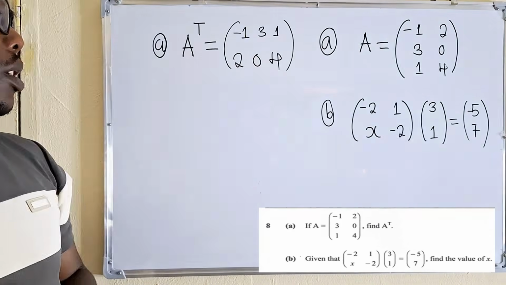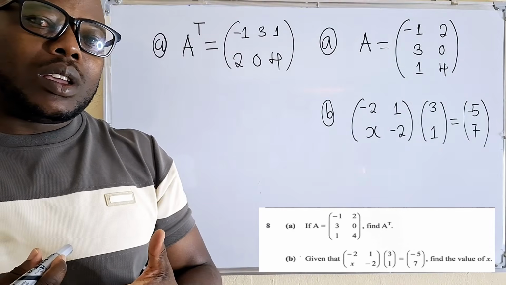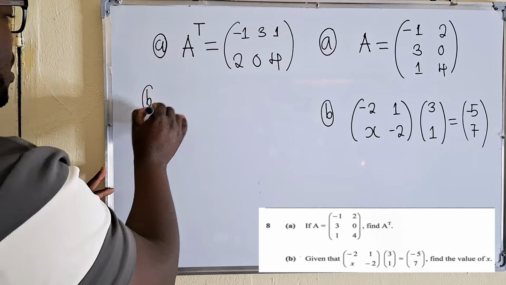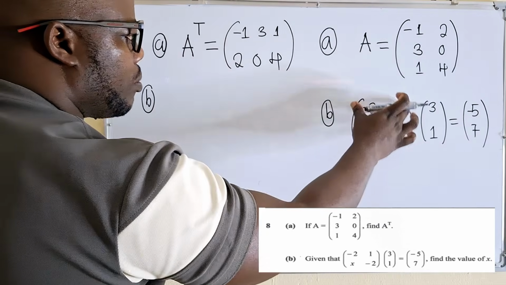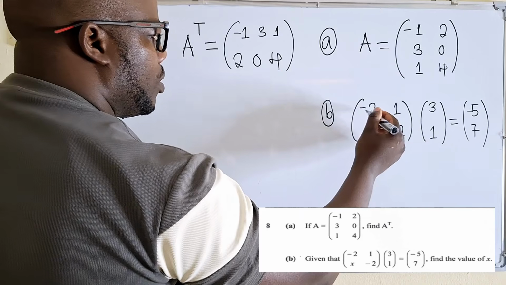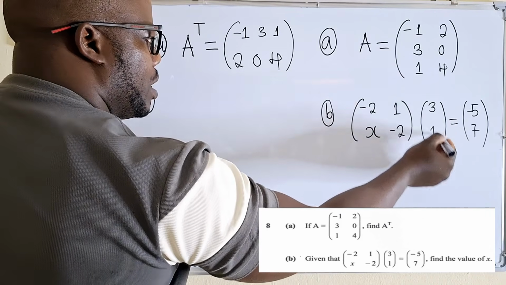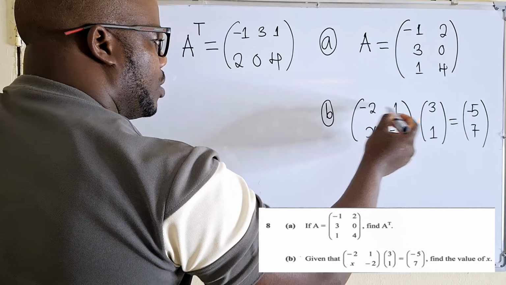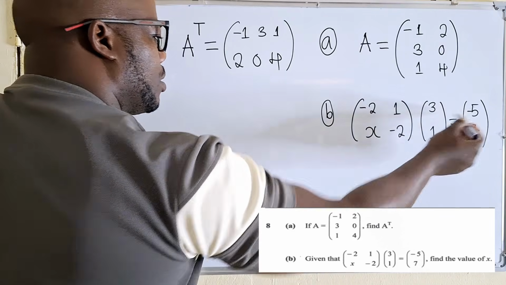Okay. Now for question B, here you are multiplying. There is this matrix multiplied by the other matrix. So the row will be multiplied by the column equal to the top entry. So this is top will be equal to this.